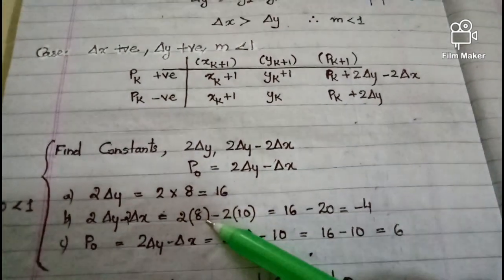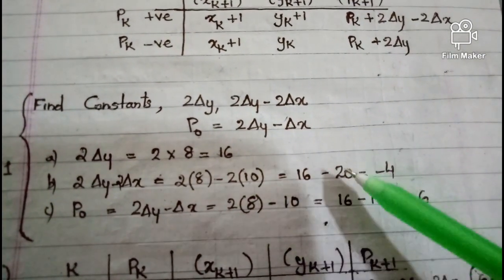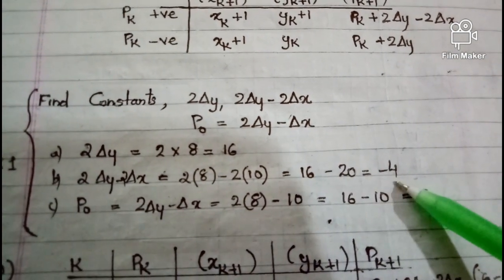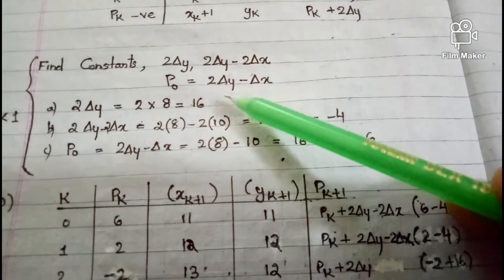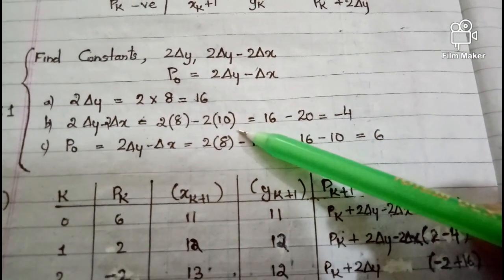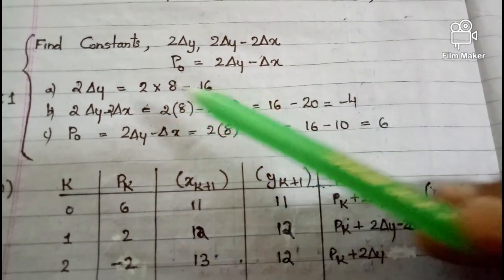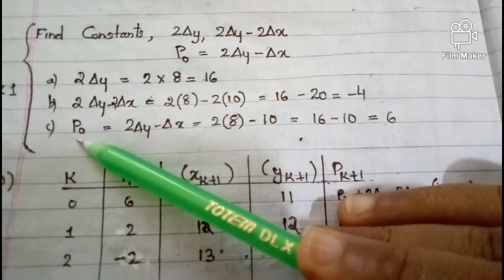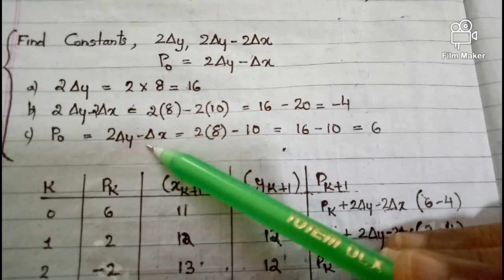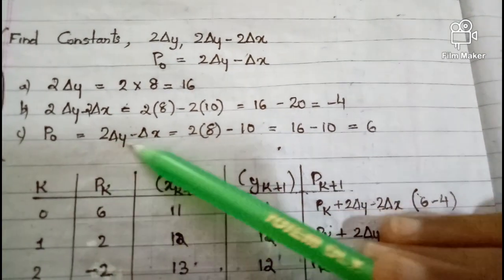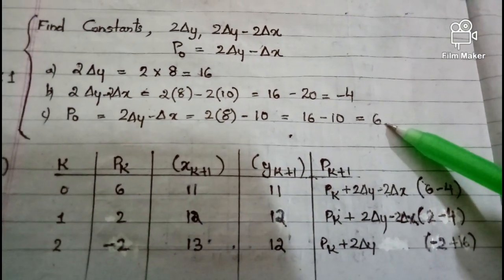So 2 into 8 minus 2 into 10, which is 16 minus 20, and your final answer is minus 4. So you got the constant values. As per the algorithm, after computing the constant values, you have to find the value of P0. And the equation for finding P0 was P0 equals 2 delta y minus delta x. Substituting the values in the given equation, you will get the answer 6.